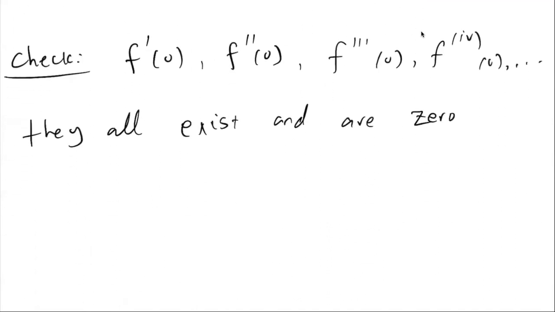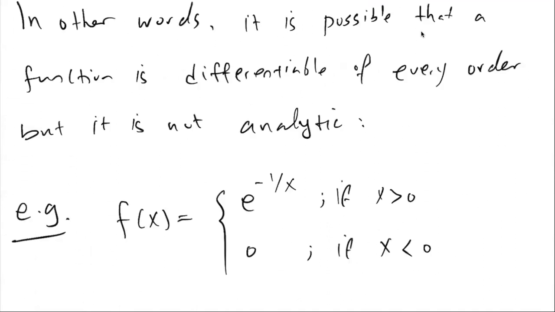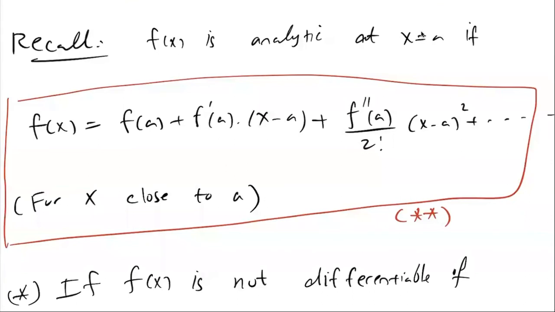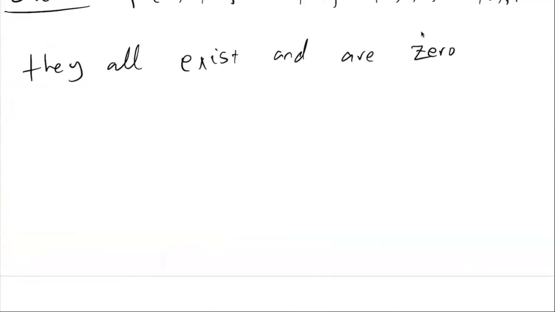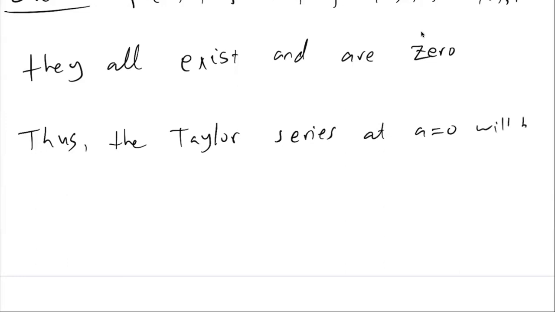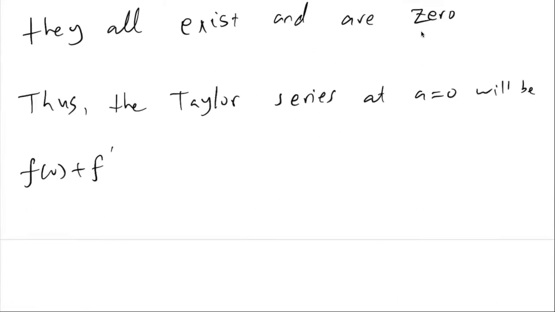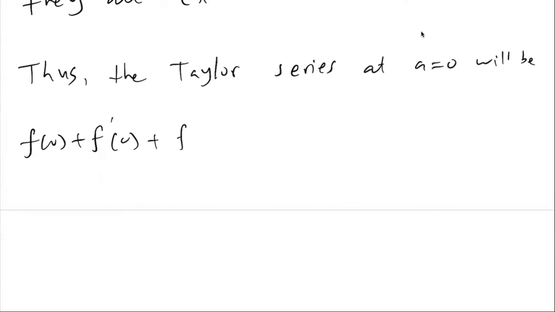So what will be the Taylor series then? Now that I know all derivatives exist, I will be able to construct the Taylor series on the right-hand side. The Taylor series at a equals 0 will be f of 0 plus f prime of 0 plus f double prime of 0 over 2 factorial x squared, and so on.